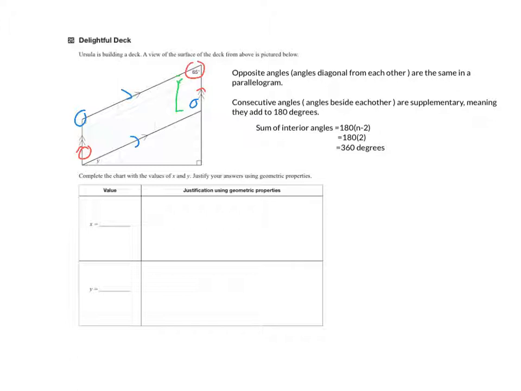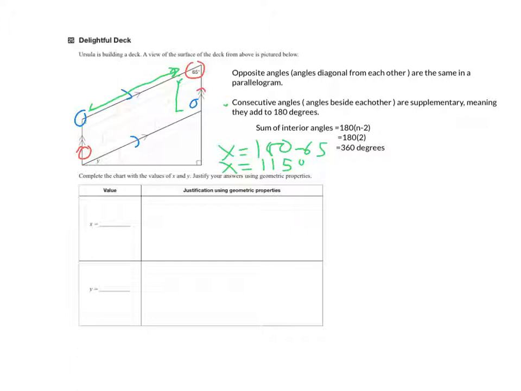So based on this, there's a few ways we could solve for x. We can look at the consecutive angles. We know these two are consecutive angles, which means x would equal 180 take away 65. X would be equal to 115.